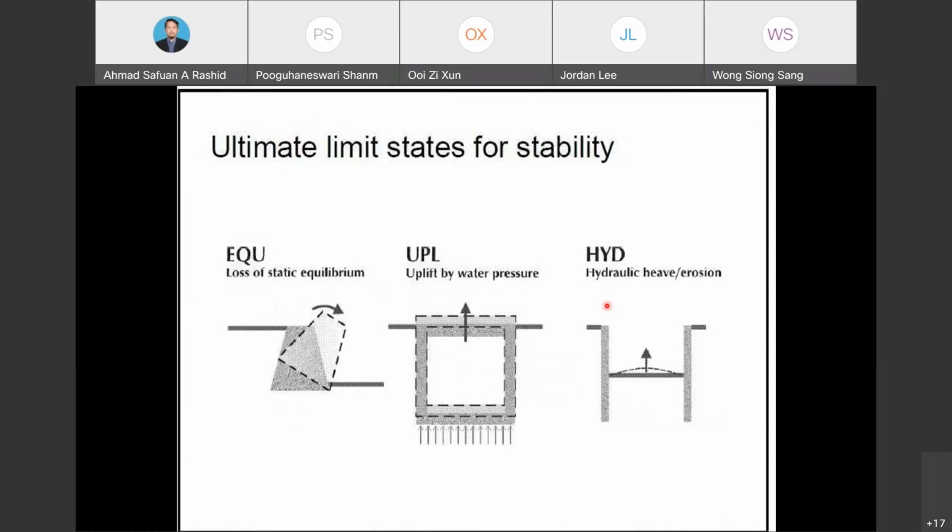So it depends on the situation. For example, if the structure is located where the groundwater level is high, most probably we may consider this situation in the design.